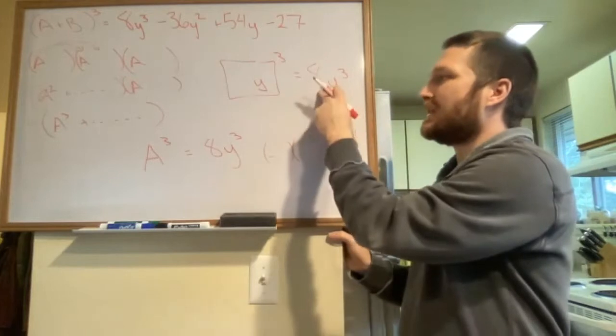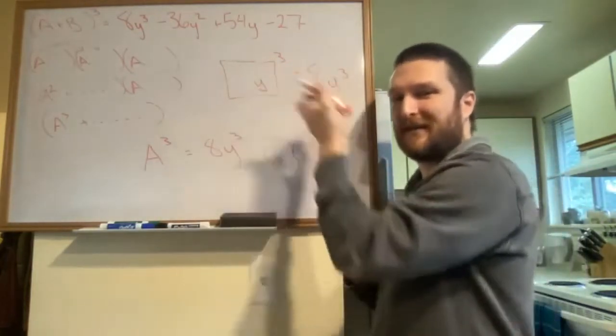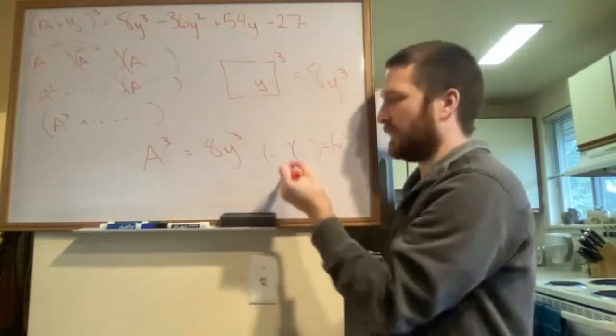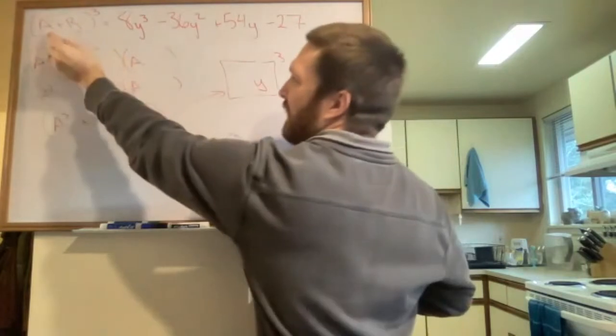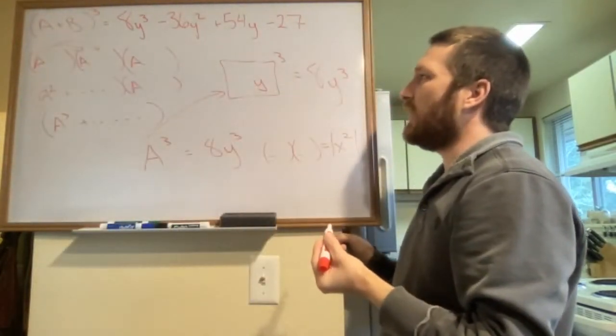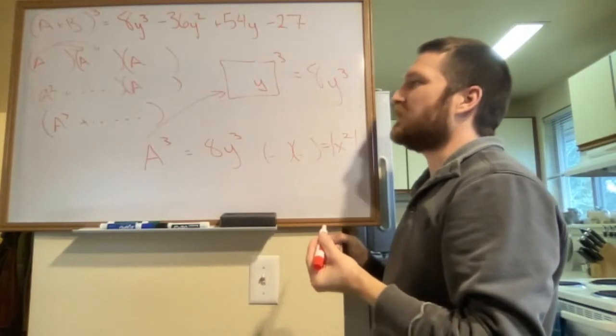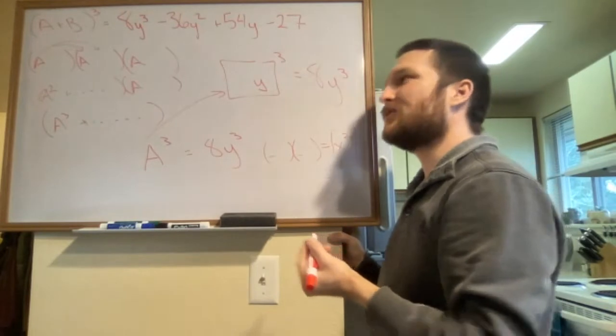What about that 8? So in other words, it's the cube root of... this is the A. I'm trying to figure out what number that has to be right there. What times itself 3 times gives me 8? 2.